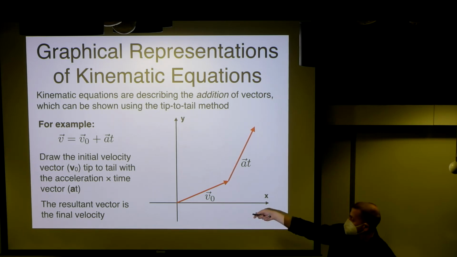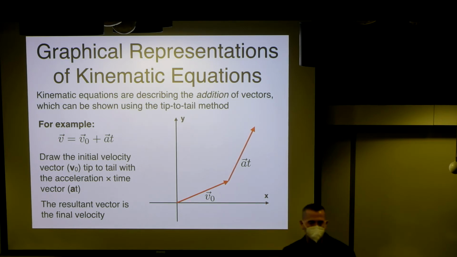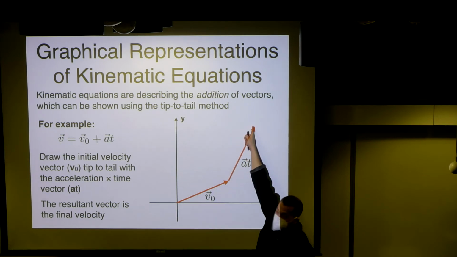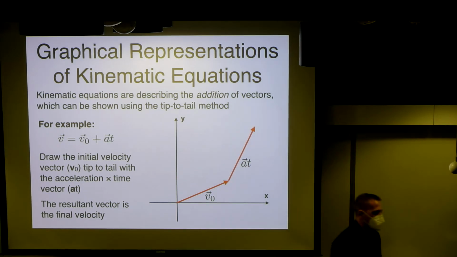The resultant vector is what appears on this side. That's my final velocity. So everyone, explain to me, how do I draw the resultant vector? How does this work with the tip to tail method? From the origin to the end of the acceleration. So we start here, and then we end here. That's going to be my final velocity.